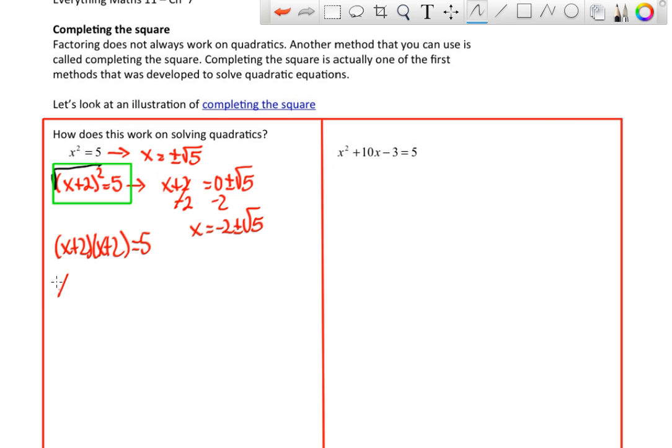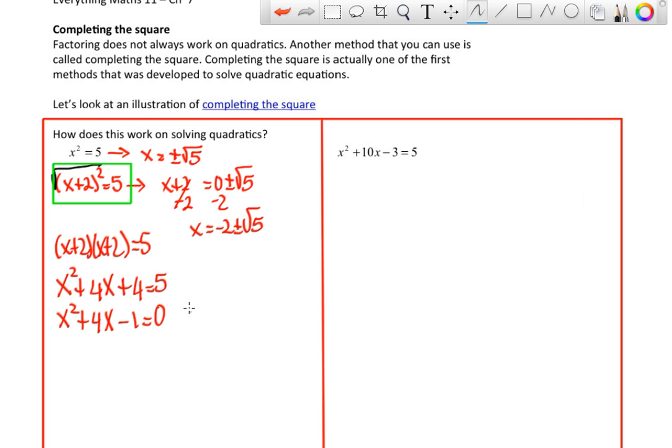So x times x is x squared plus 2x twice, so that is plus 4x plus 4 equals 5. So if I brought that 5 over here, I would have the following quadratic equation. Okay, that's it.